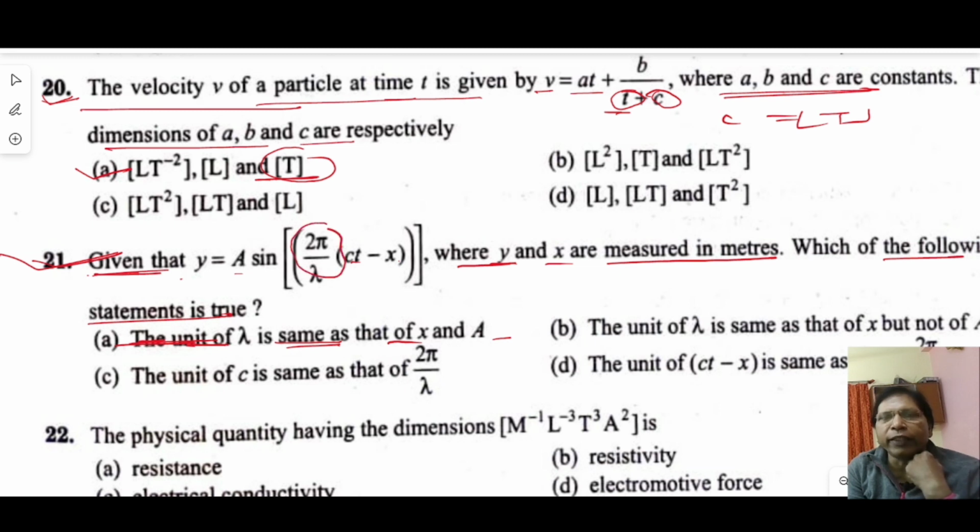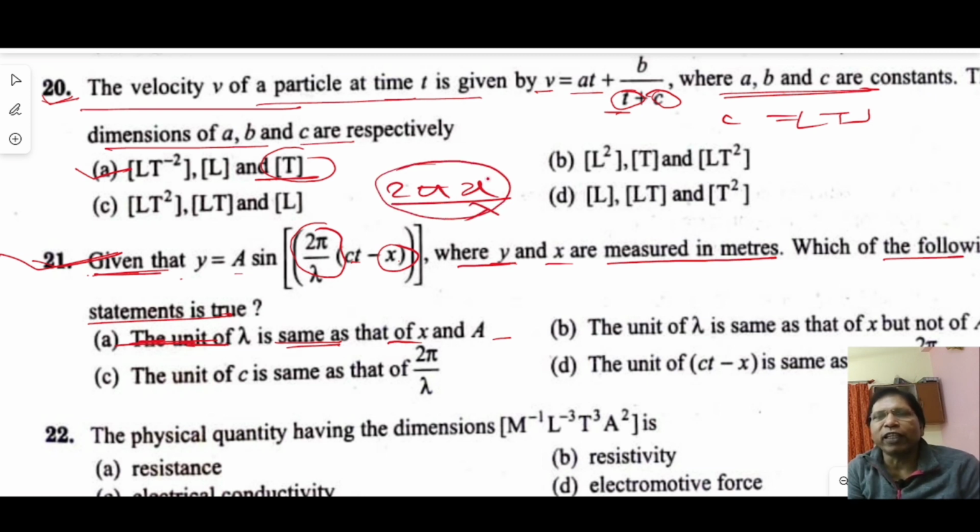If we multiply this and this, we get 2 pi x by lambda. This represents the angle. Angle has no dimension, so x has the same dimension as that of lambda. As lambda has dimension meter, here y has the same dimension as that of a. So a and x have the same dimension as that of lambda. Okay.